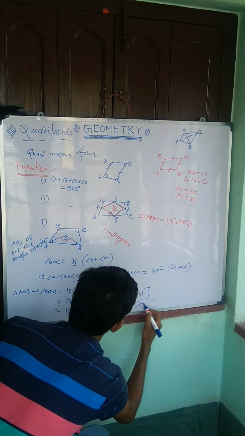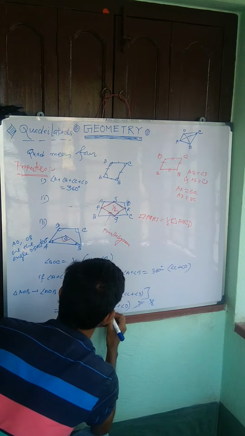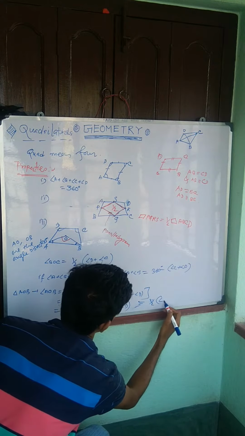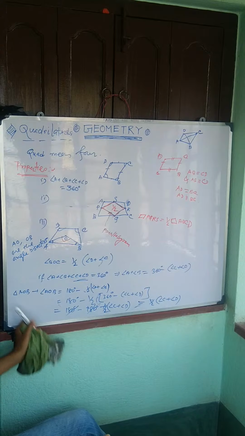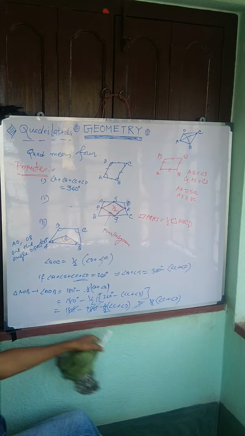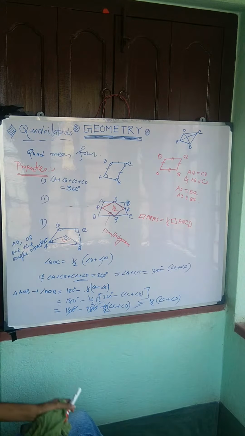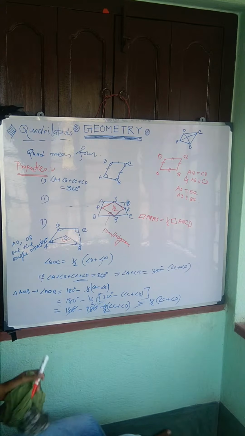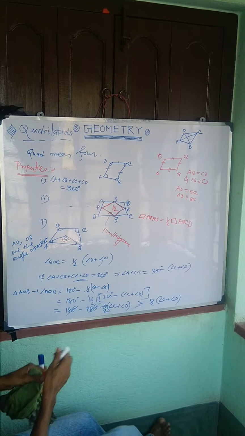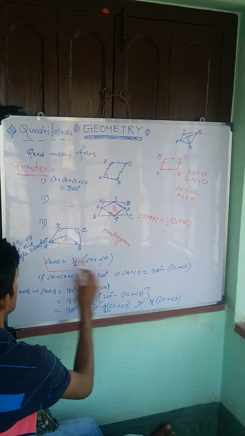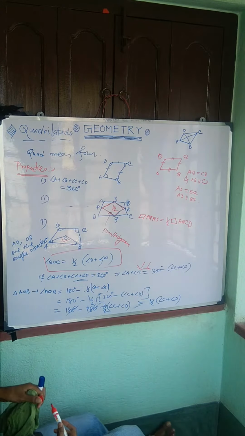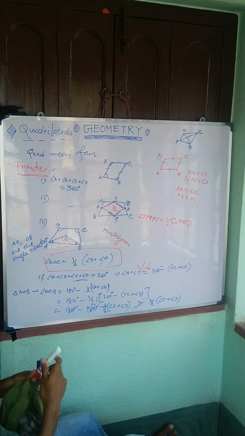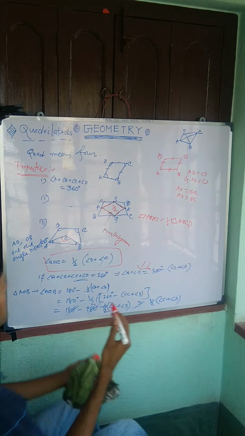So it will be equal to half of angle C plus angle D. So angle AOB will be equal to half of angle C and angle D. So this is the property. This is the main property. You have to memorize it, but this is the explanation. Understand? One more property.